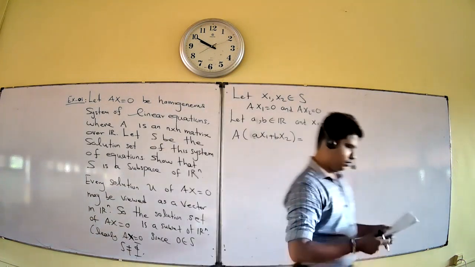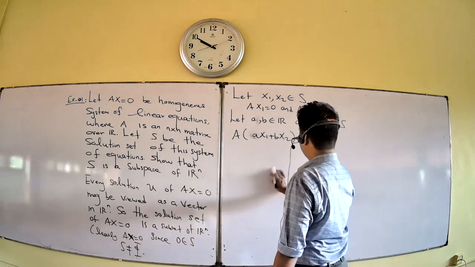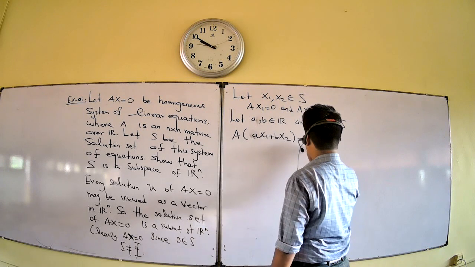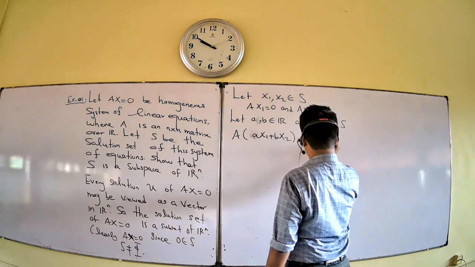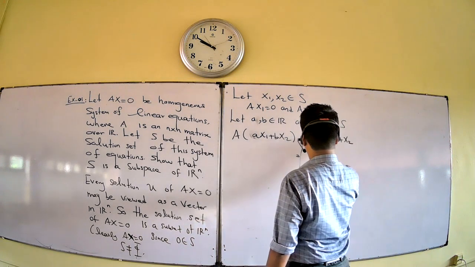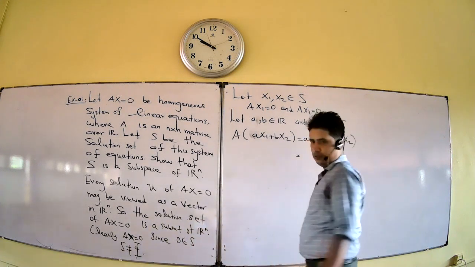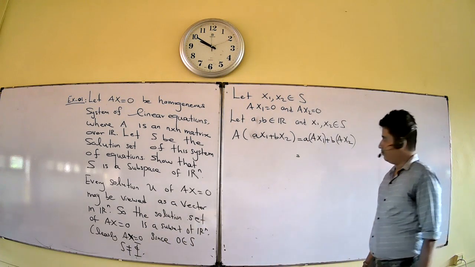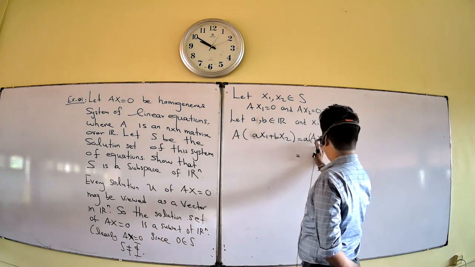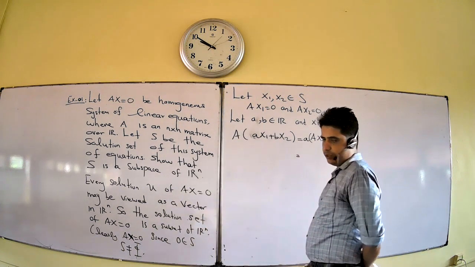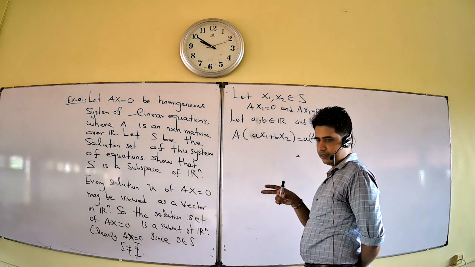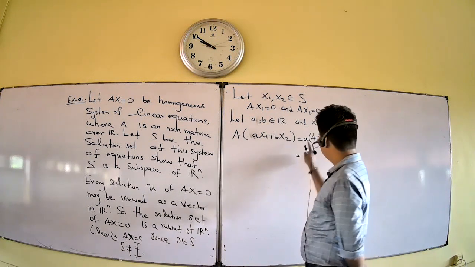So we can write A of (a x1 plus b x2) as a times Ax1 plus b times Ax2. Since a and b are scalars, you can take them outside, because Ax1 is a matrix.